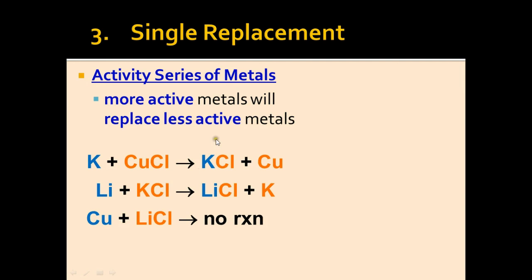In order to react, this metal outside has to be more reactive than this metal that's already bonded. In this one, potassium is definitely more reactive, you can tell, because it reacted. If it doesn't react, it's less reactive. So potassium is definitely more reactive than copper because it replaced it.